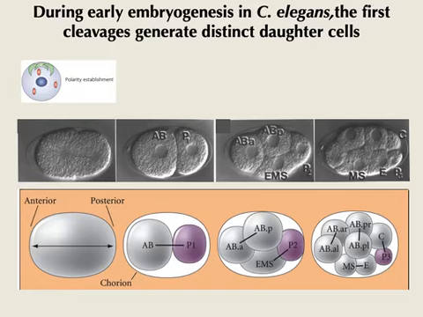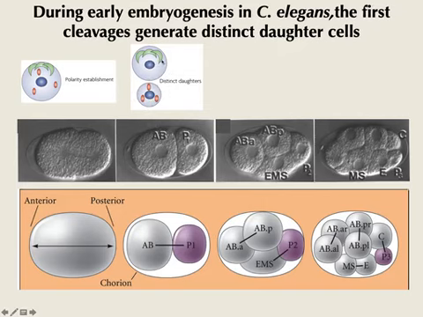So you can find these basic concepts in this particular case. You start with a polarized cell. The polarity comes from the fertilization, and just after division, now you've already created two different cells, at least size-wise. We haven't seen yet more differences, more asymmetries, and I'm going to tell you about that.